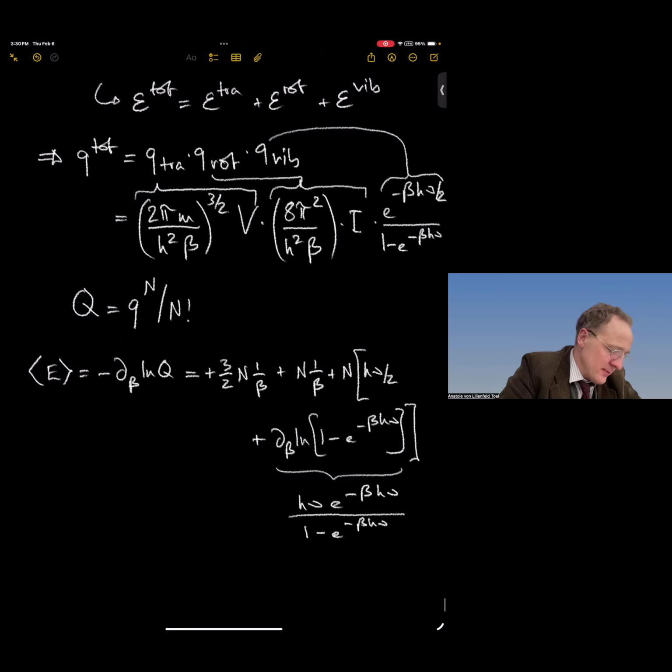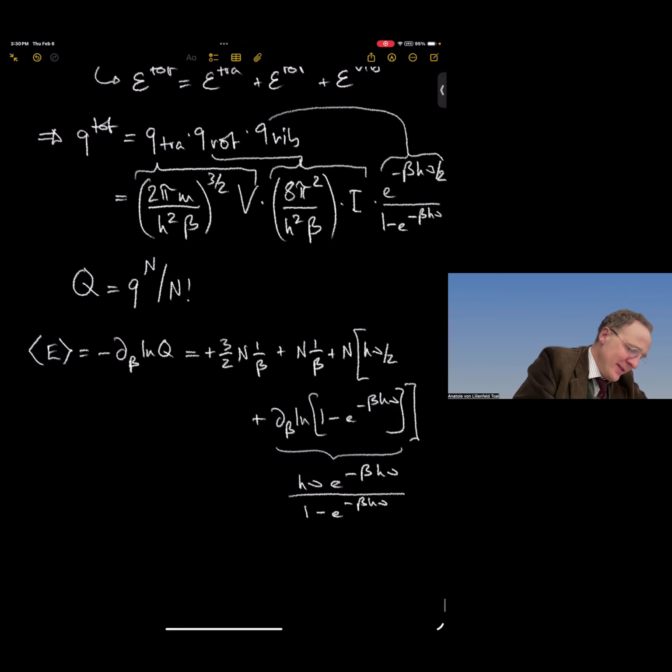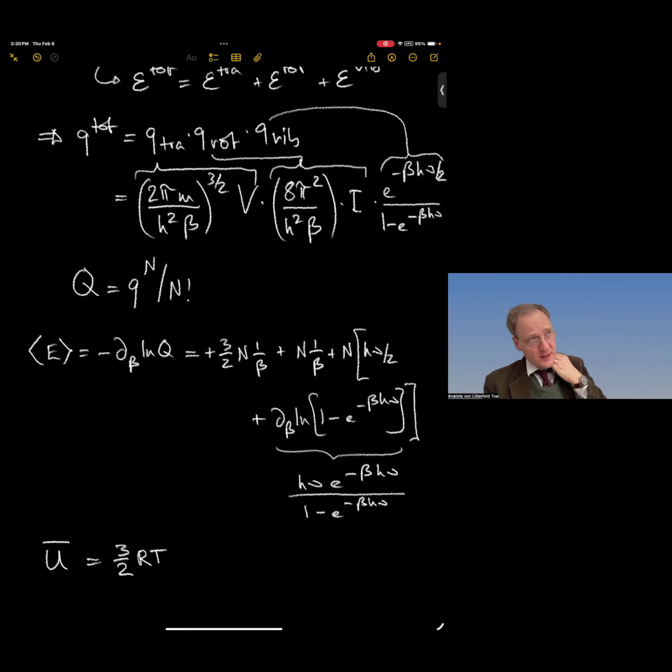Now I can rewrite this by making everything molar, right? And then I have 3/2 RT. Now the beta being 1 over kBT, right?